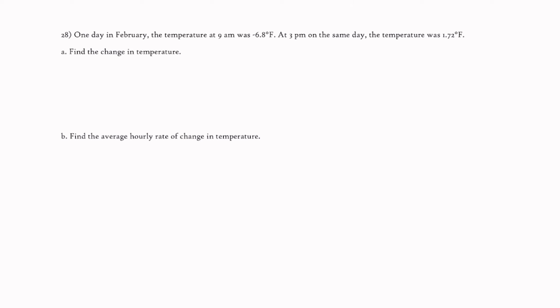One day in February, the temperature at 9 a.m. was minus 6.8 degrees Fahrenheit. At 3 p.m. on the same day, the temperature is 1.72 degrees Fahrenheit. Find the change. When you have to find the change, you're finding the distance basically.